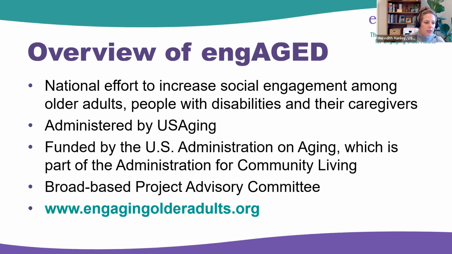We develop a variety of resources, replication tools, and best practices for social engagement programs. I'll touch on some of those at the very end of this webinar. Engaged is guided by a project advisory committee with representatives from 18 different organizations and resource centers who help to guide and shape our work, providing insights on social engagement from their fields of expertise. And we have a website, engagingolderadults.org, where you can find out much more about Engaged.